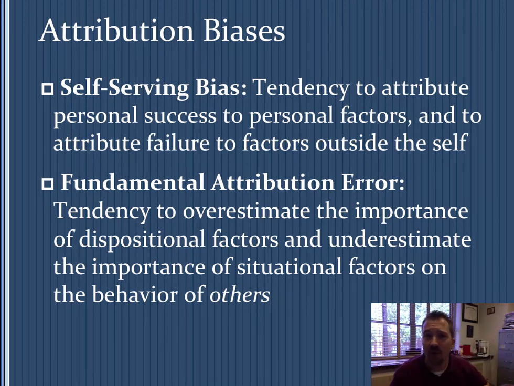Someone cuts you off in traffic, you tend to think, that person's a jerk. If you're using relatively pleasant language, not too flowery. But maybe they're just in a hurry because of a situation, they're late to work. I'm not saying that allows them to cut people off in traffic and speed, but we tend to assume that person's a jerk rather than think, maybe they're just late. Maybe their wife is giving birth in the back seat or something.